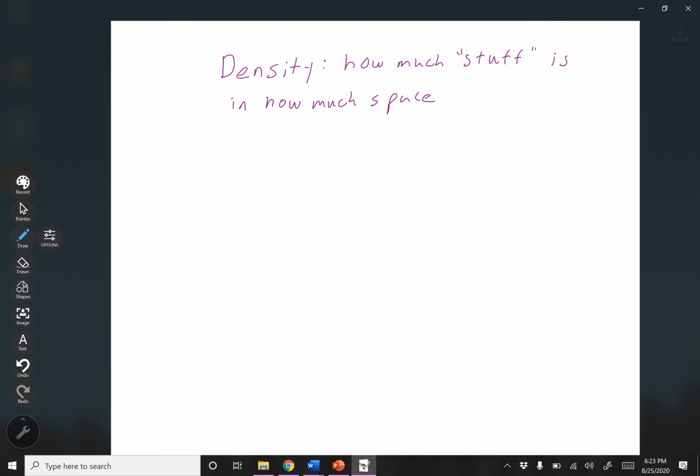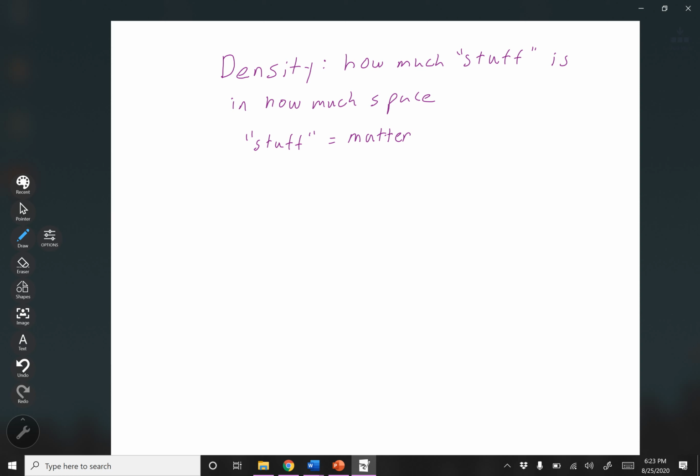Okay, and I like to use this word stuff sometimes in my lectures. And what I mean by stuff, I mean mass. Because remember, mass is, so mass. Or I guess what I mean to say is not mass per se, but matter.